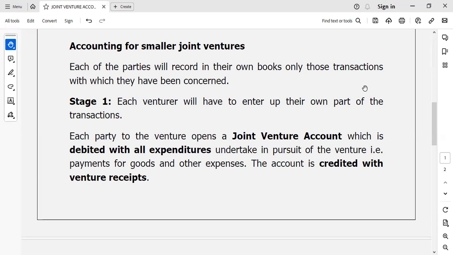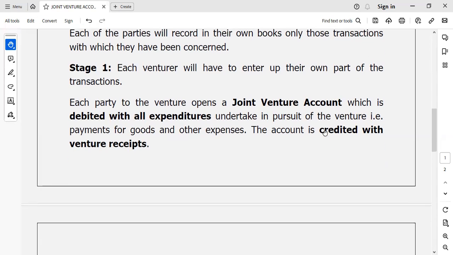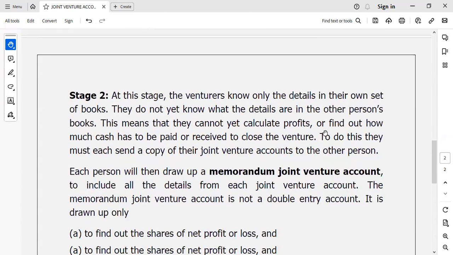The joint venture account is credited with the venture receipts, the sale of goods, whether cash or on credit. So that's what we do in the first stage of accounting for joint ventures.